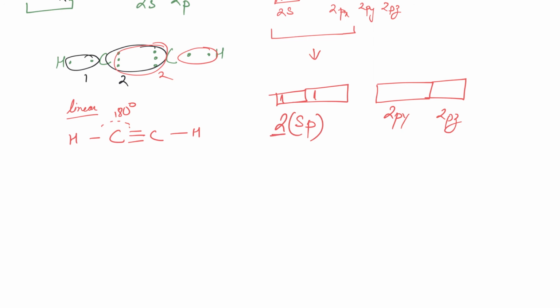So if this is carbon, you have 1 orbital right here. Remember, the shape is somewhat like this, right? So you have 1 here and another here. Now I want to draw the same here as well.